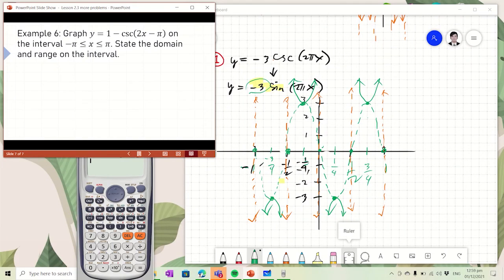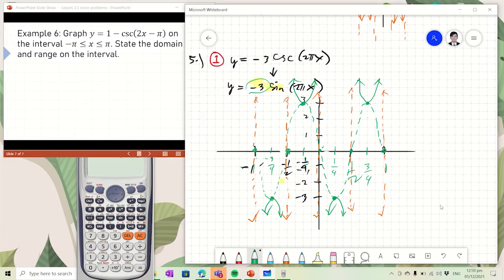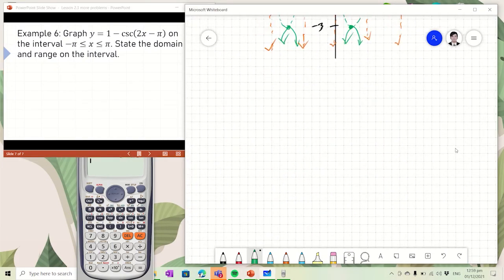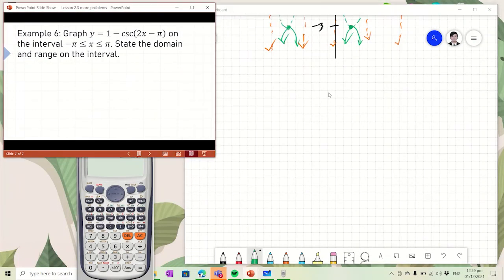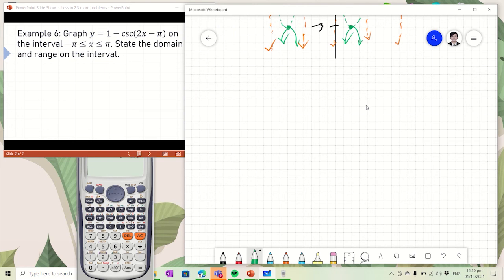Okay, meron pa pala tayong last example, example 6. So we're asked to graph y is equal to 1 minus the cosecant of 2x minus pi on the interval from negative pi to pi. So we're asked also as well to state the domain and the range on the interval.